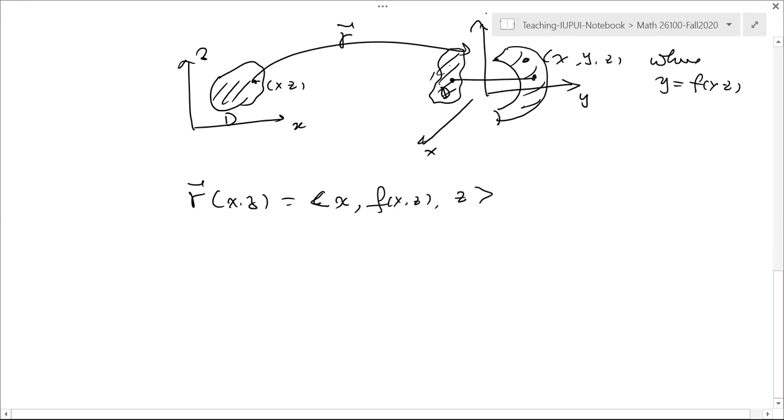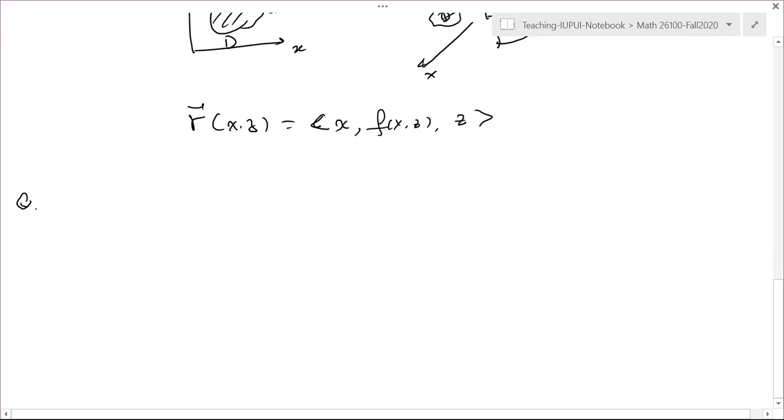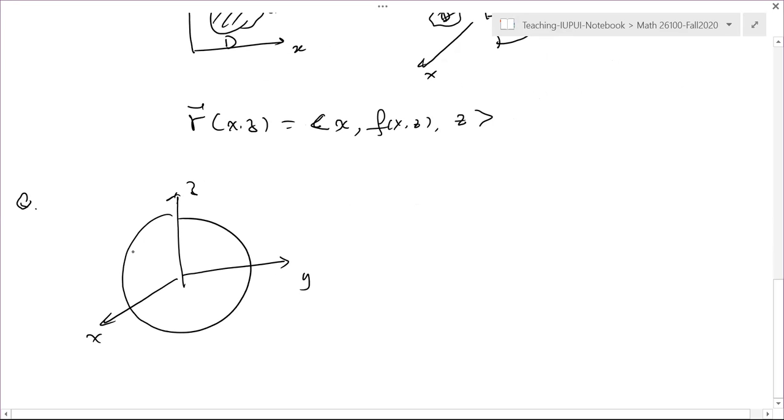Right, so using graphs is the most important, most popular way to describe surfaces, right? But there are some surfaces for which you cannot use a graph. For example, a sphere. A sphere with radius r, okay, so the equation is given.